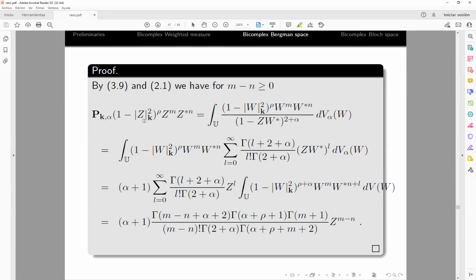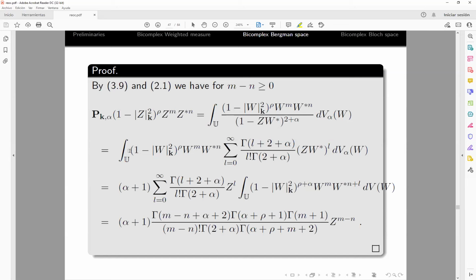The proof is quite standard. Why? Because we only apply our formula of the Bergman projection here. Here is our weighted kernel. We develop the kernel in power series. It appears here.